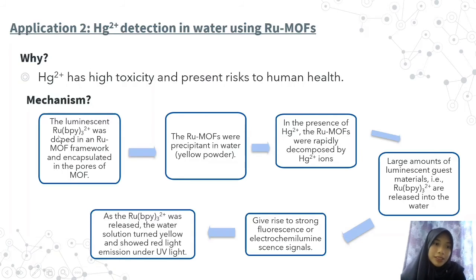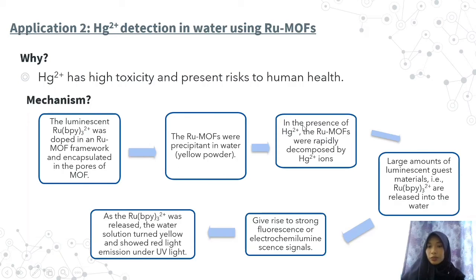The luminescent tris-bipyridine ruthenium was stacked in a Ru framework and encapsulated in the pores of the MOF. The Ru-MOFs exist as a precipitate in water, actually a yellow powder.